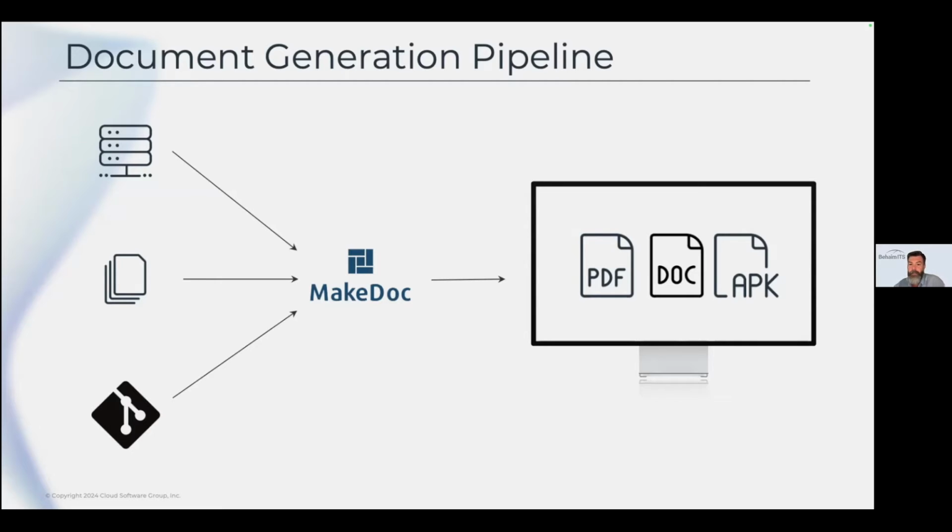So it is a printable PDF or editable Microsoft Word format, and also HTML and Markdown formats, which can be shared within the internet. And this makes MakeDoc very useful in larger companies.